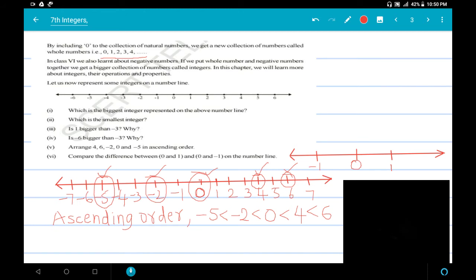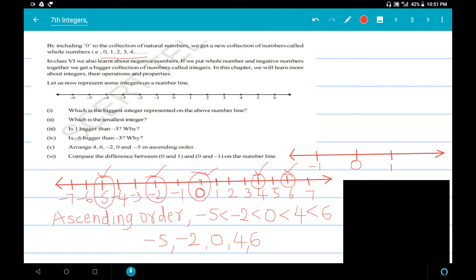Write like this: minus 5, minus 2, here 0, here 4, here 6. I hope already you understood.